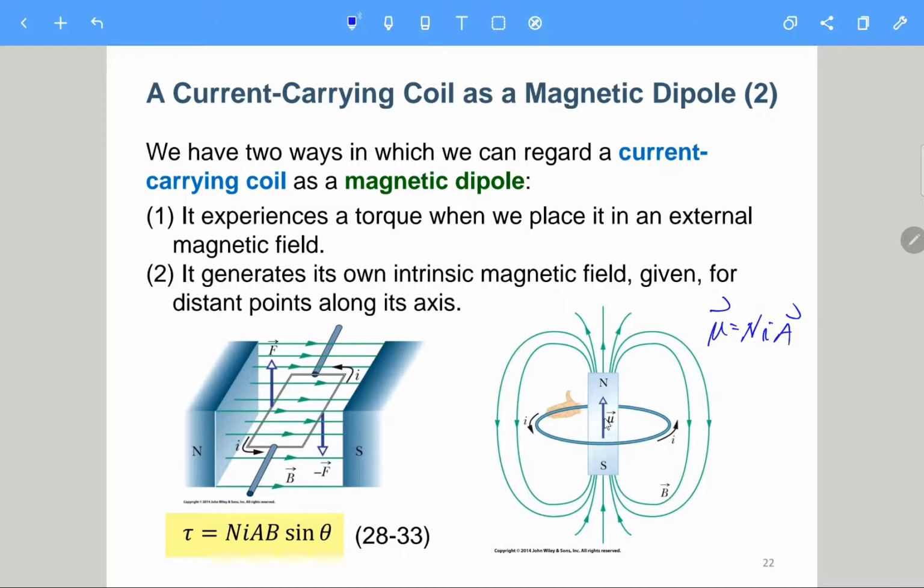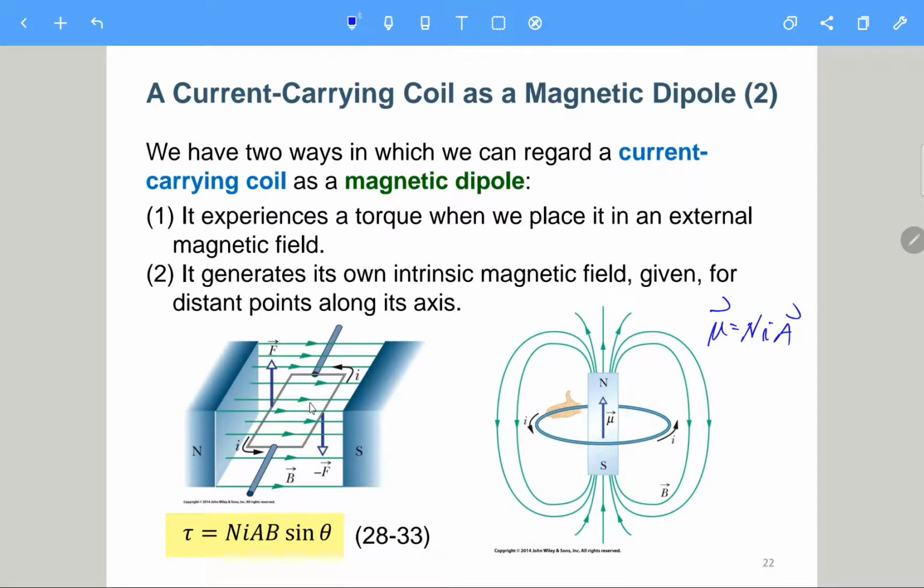The other way is that it experiences a torque when we place it in an external magnetic field, which means that if we place the loop here, there will be a torque and it will rotate. And if you place a magnetic bar here, it also rotates.